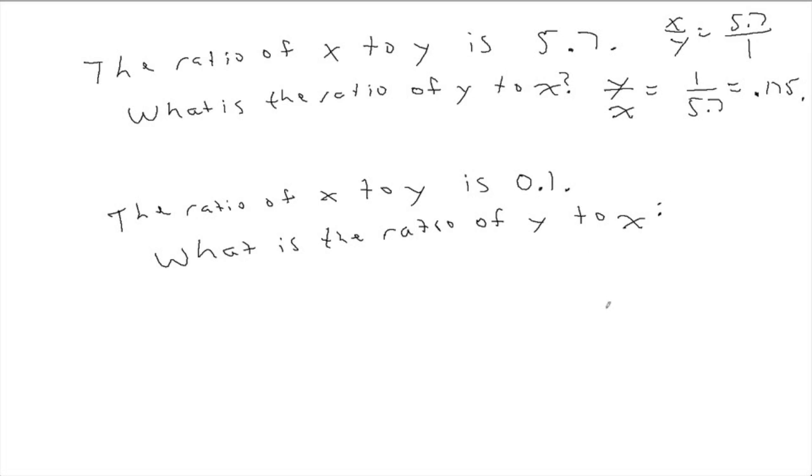So let's figure this out. How did you get that? 1 over 0.1 is 10. Okay. Or you could say the ratio is 10 to 1.